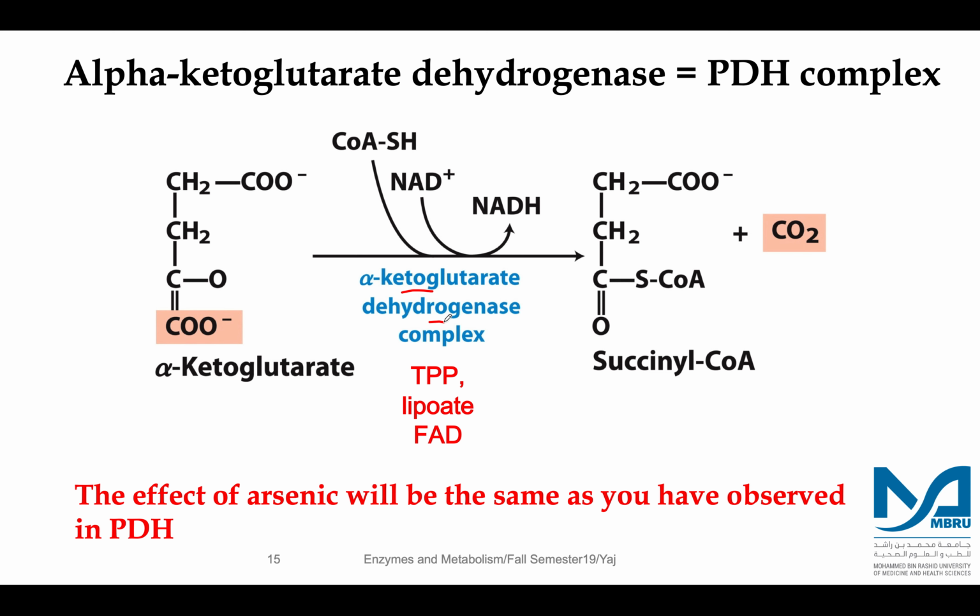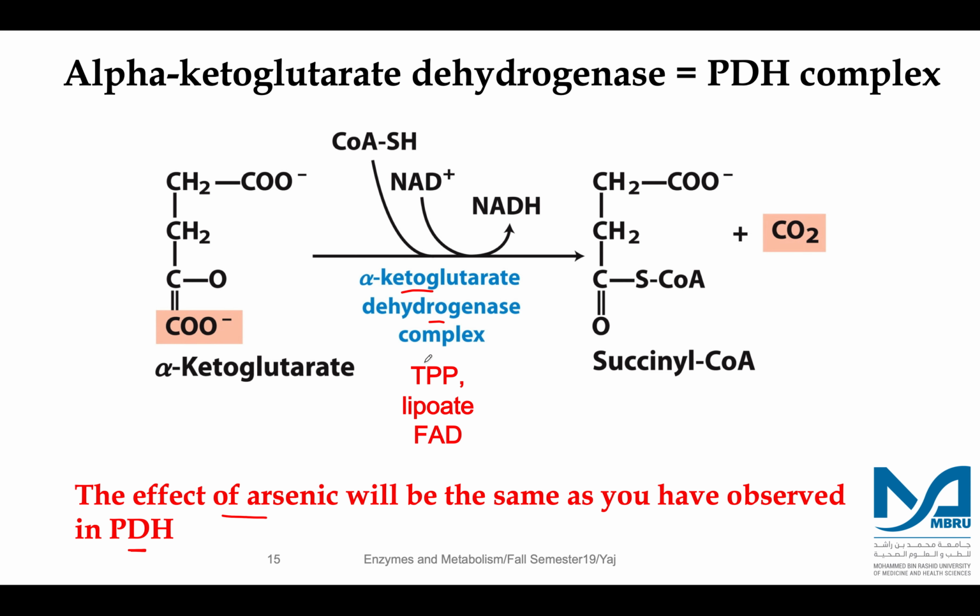But for your knowledge, the alpha-ketoglutarate dehydrogenase complex is a modular enzyme which has similar cofactors and similar enzymes in the complex like the pyruvate dehydrogenase complex. That's the reason I have written here that the effect of arsenic will be the same as you have observed in the pyruvate dehydrogenase complex.